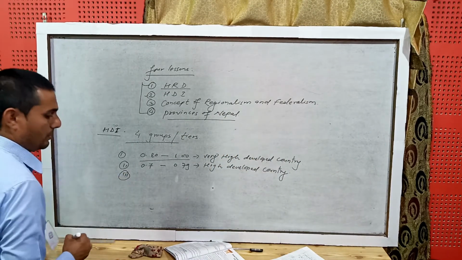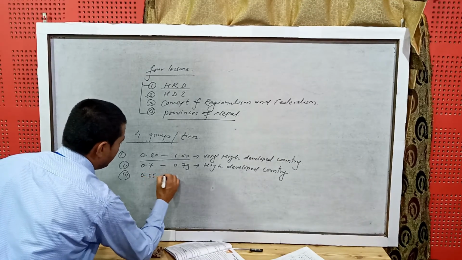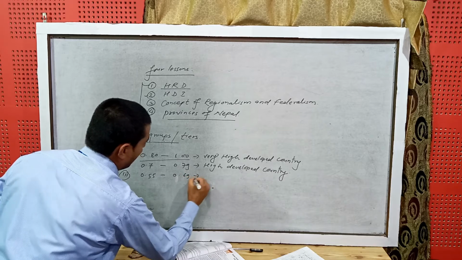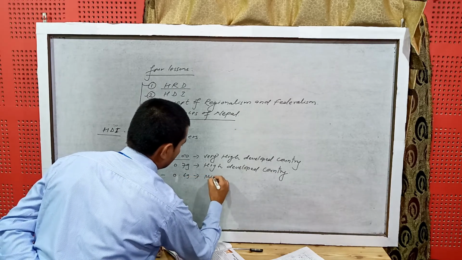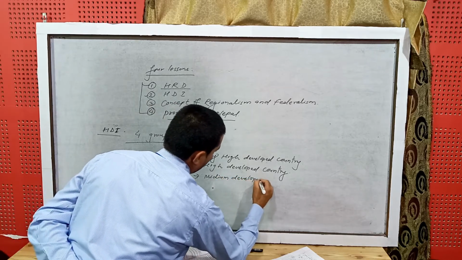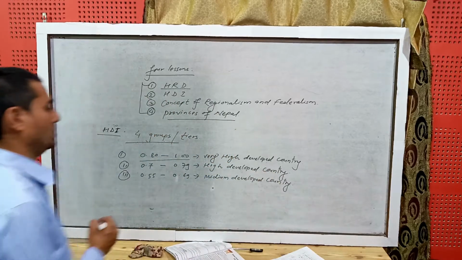Similarly, countries having an HDI value from 0.55 to 0.69 are called medium developed countries.